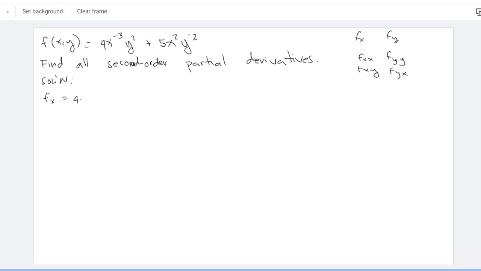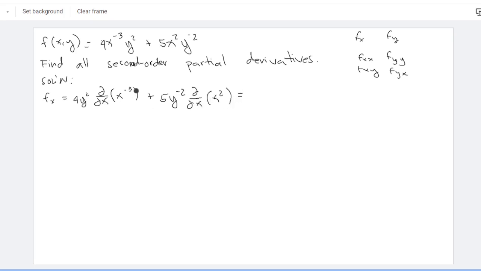So this will be 4y squared times the partial derivative with respect to x of x to the negative 3, plus 5y to the negative 2 times the partial derivative with respect to x of x squared.